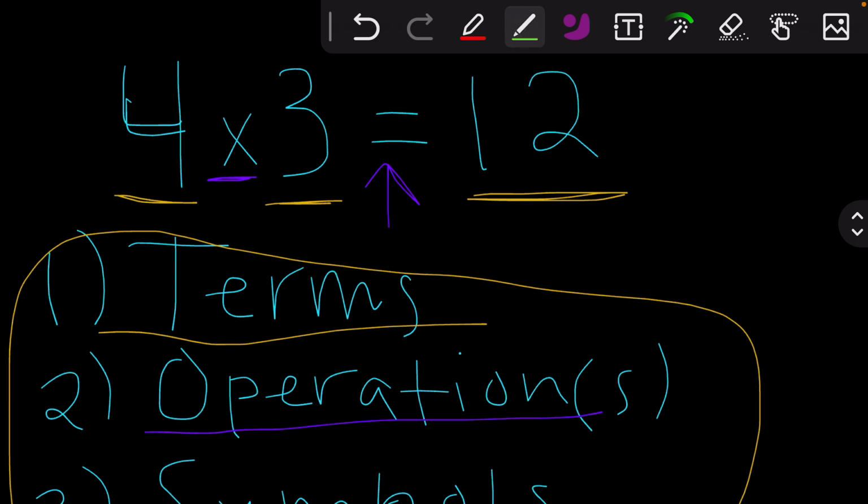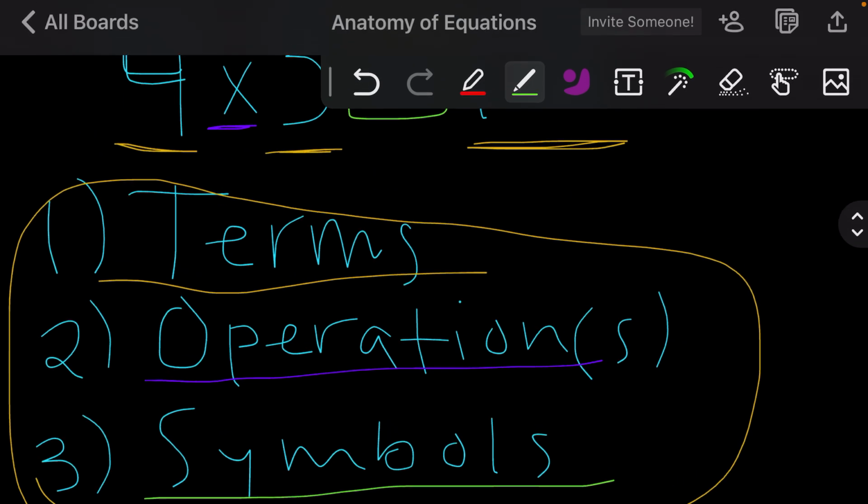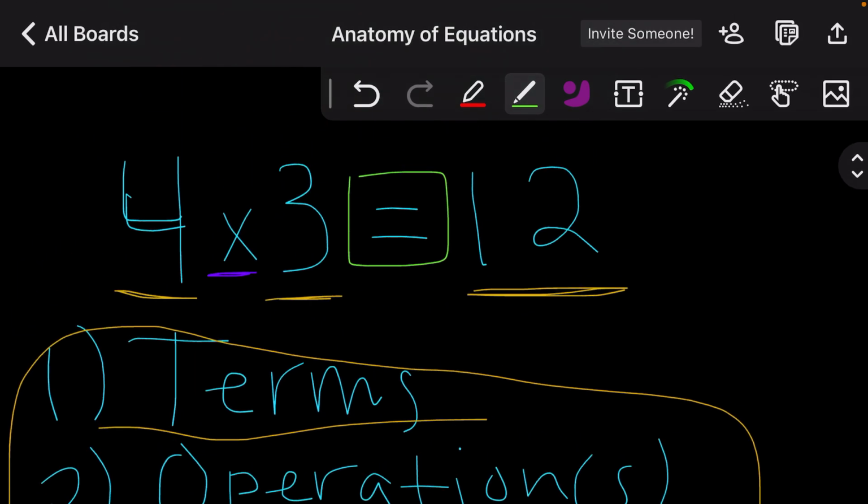It's not telling us to do something. So this would qualify: this equal sign is going to be one of our symbols. The equal sign is the only symbol, particularly in this equation.